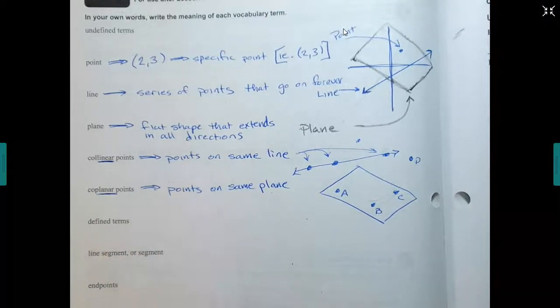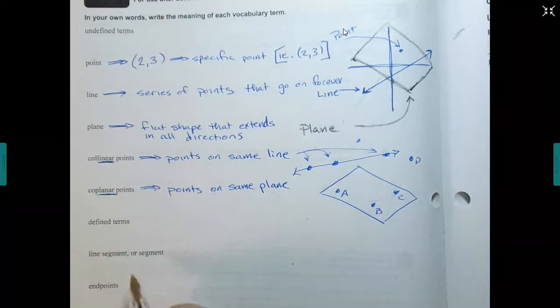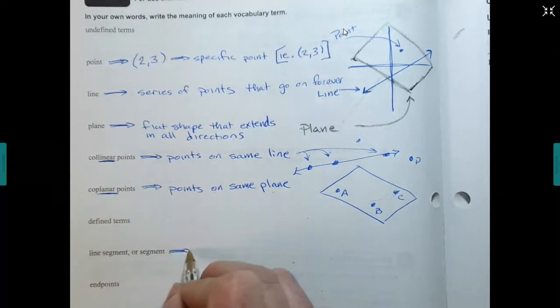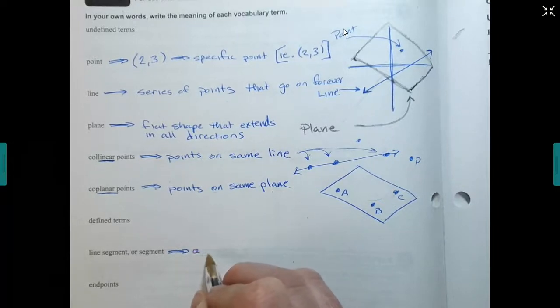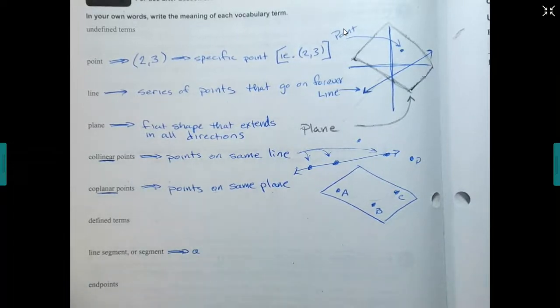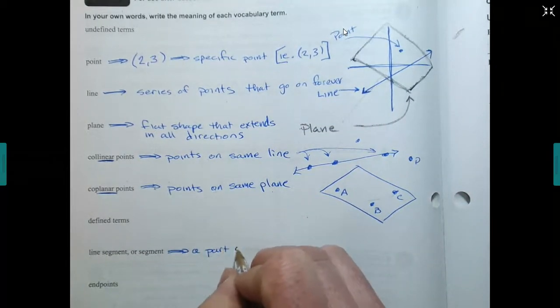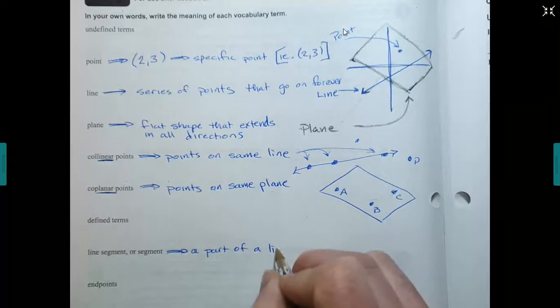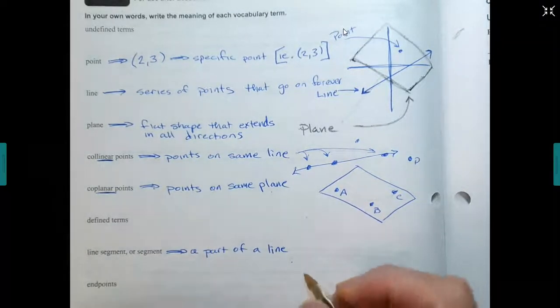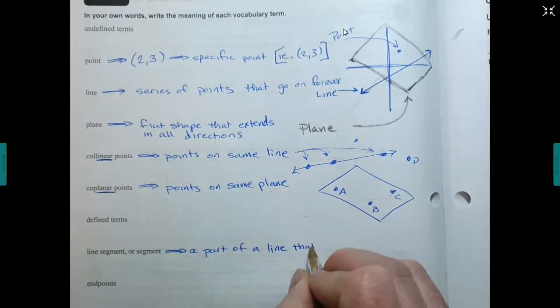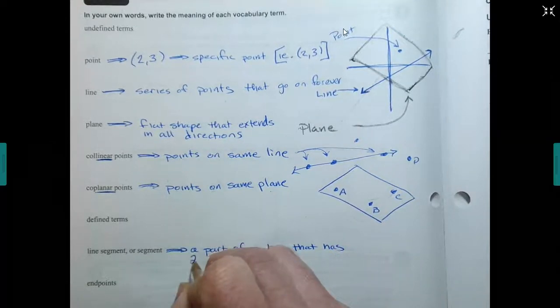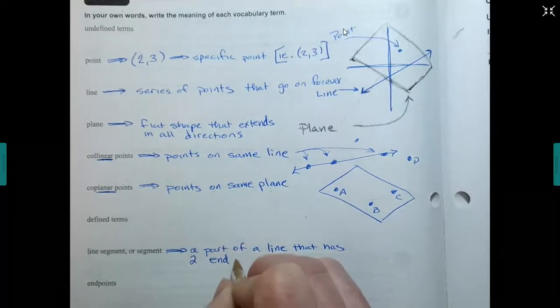Okay. Defined terms, that's what we got. Line segment. A line segment is a part of a line that ends at specific places, so we would say that it has two endpoints.